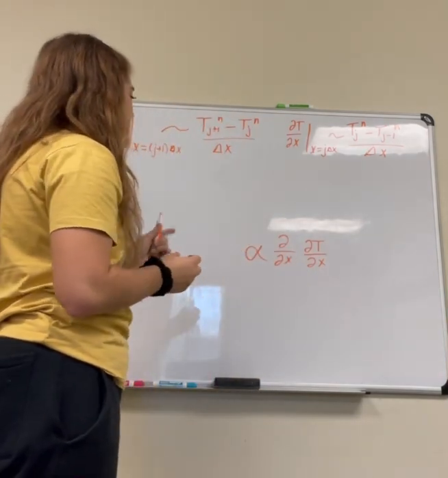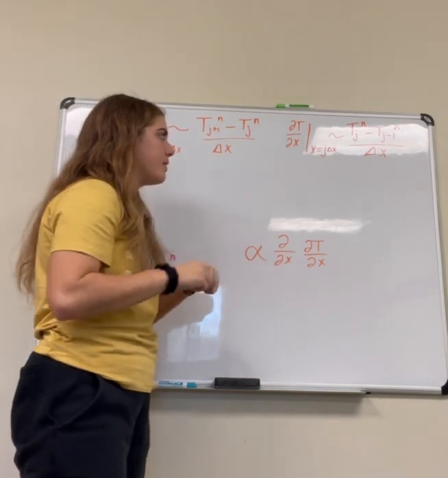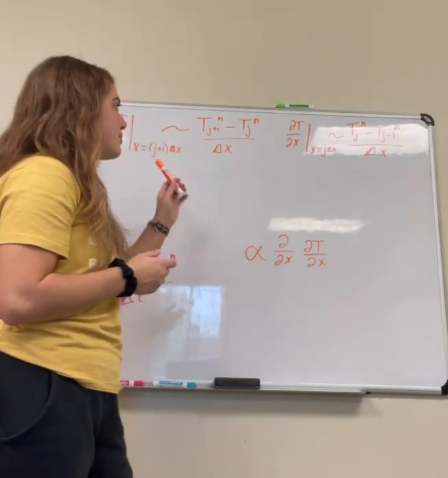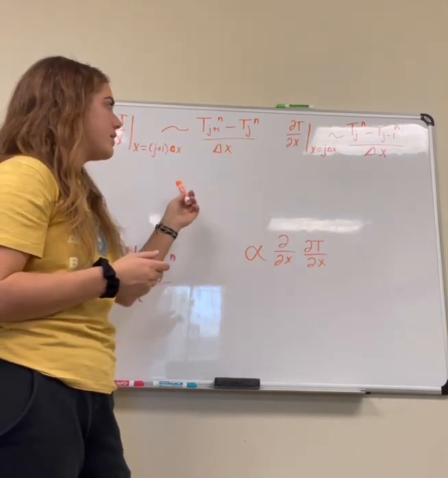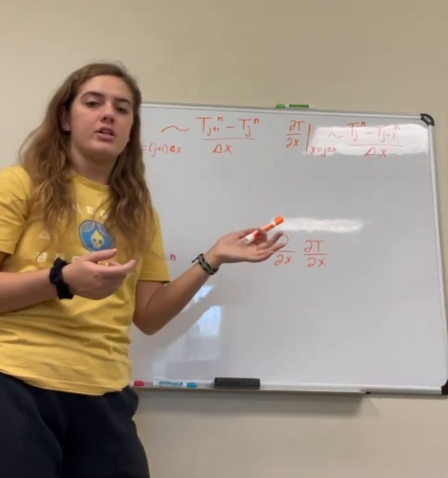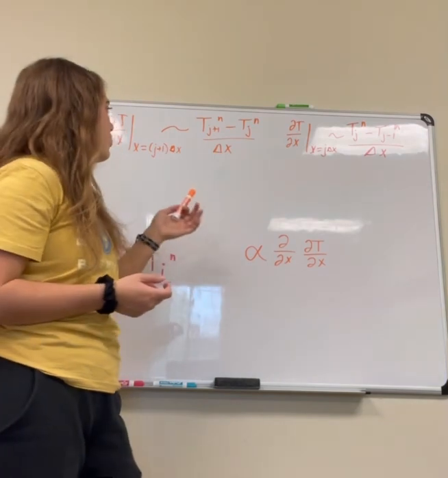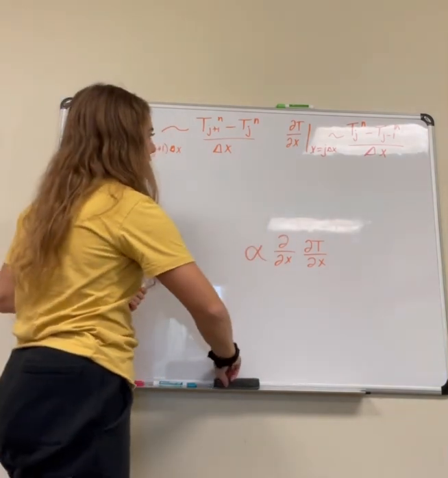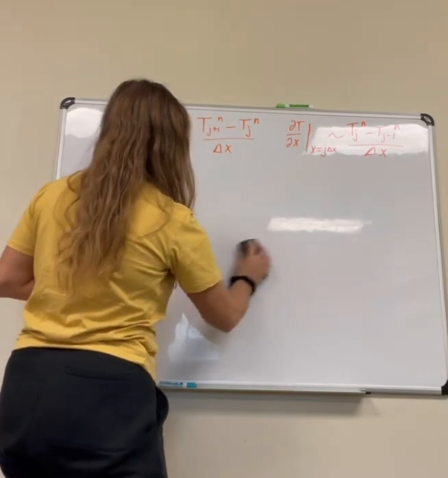And so then now that we have this, we can actually find the second derivative by subtracting these two, because these are basically just the approximation of the slope for j plus 1 and j. So I'm going to erase this down here now.